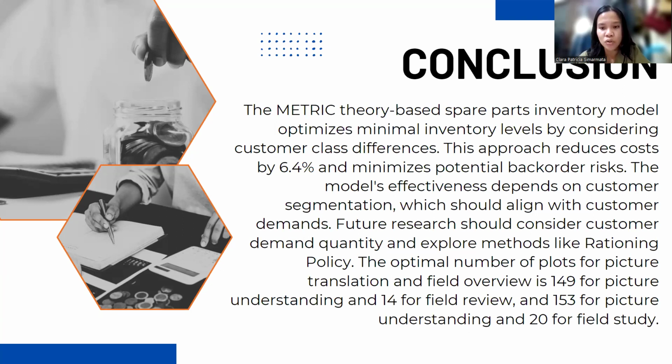Future research should consider customer demand quantity and explore methods like rationing policy and the optimal number of plots for picture translation, and file overview is 149 for picture understanding and 14 for file review, and 153 for picture understanding and 20 for file study.